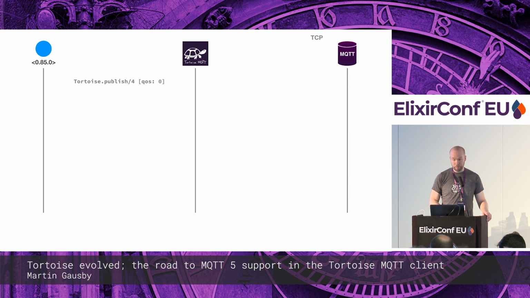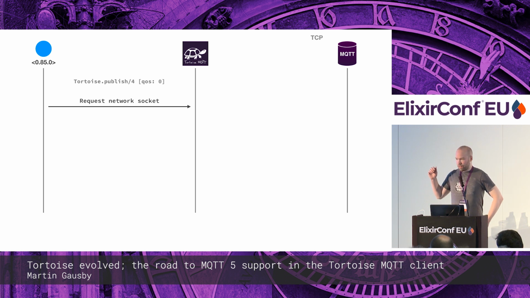So behind the scenes, how does that work? When we run our publish function in Tortoise, with quality of service 0, we will request a network socket from the Tortoise application, which has an edge table.